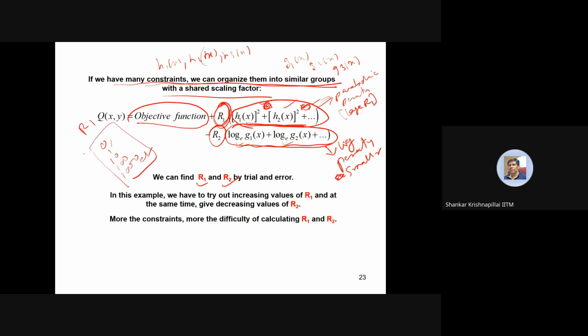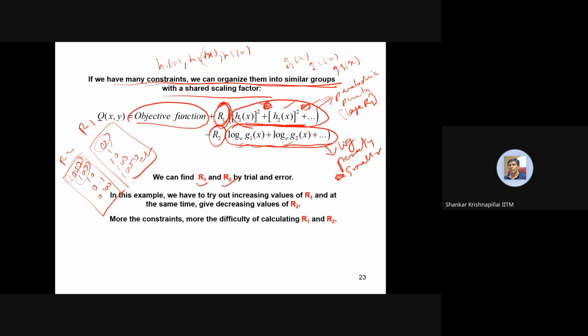Okay, but for R2 you have to give values like 1000, 100, 10, 0.1, sorry, 0.001, etc. Okay, so R2 you give 1000 and R1 1.